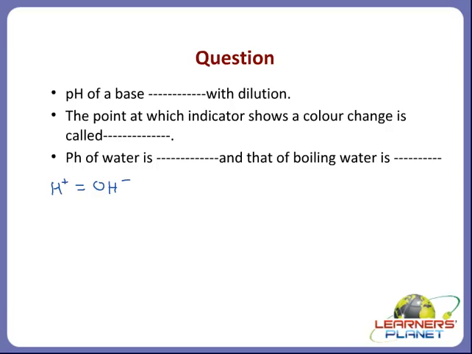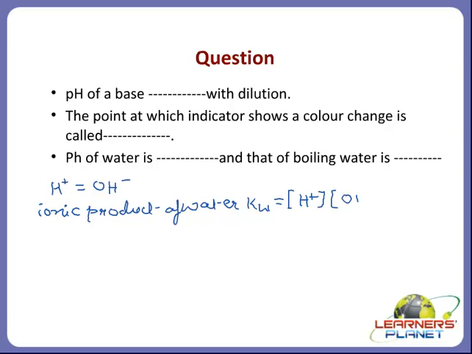Right? The ionic product of water, that is Kw, is equal to the product of concentration of H plus ion and OH minus ion.